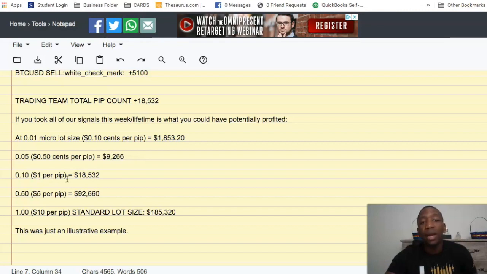If you did $1 per pip, you would have earned $18,532. If you did $5 per pip, you would have earned $92,660. And if you were doing a standard lot size, which is $10 per pip, you would have earned $185,320.